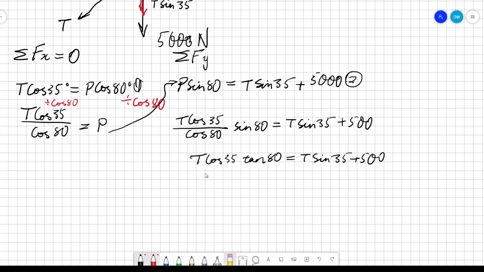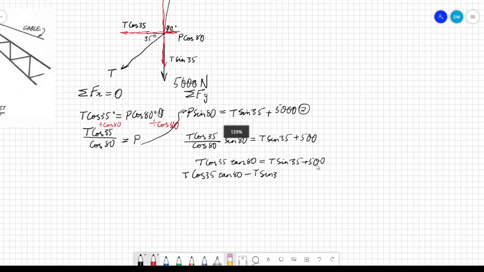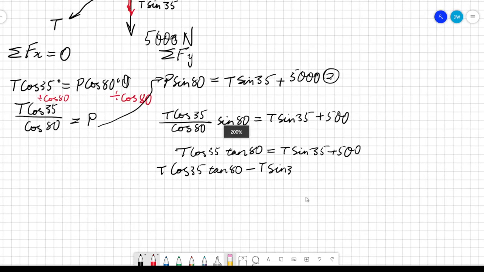Then we can just move all the t's to one side, and so we end up with t cosine 35 tan 80 minus t sine 35 equals 5,000.